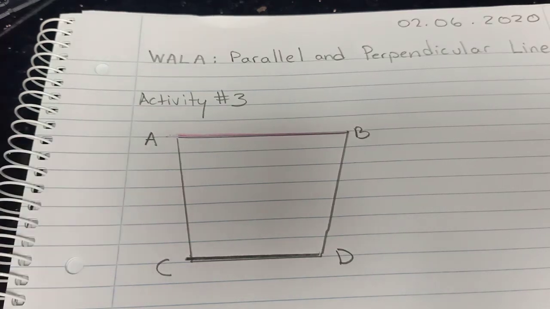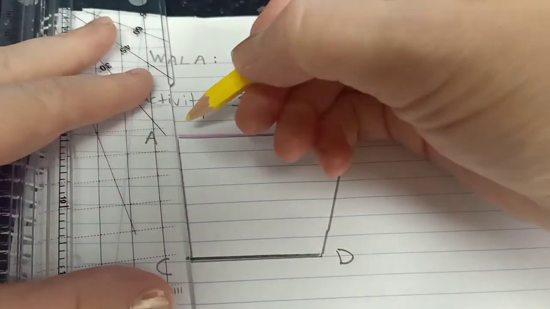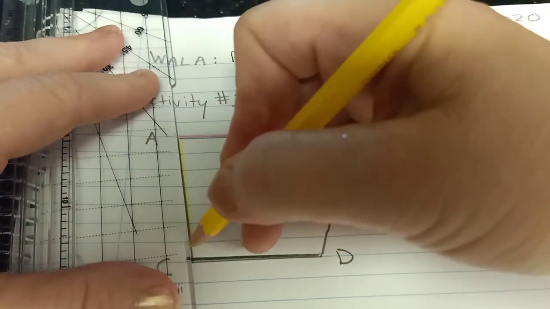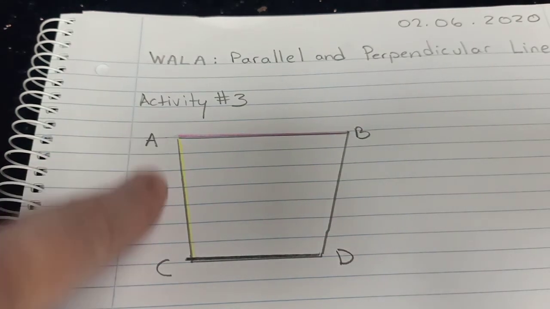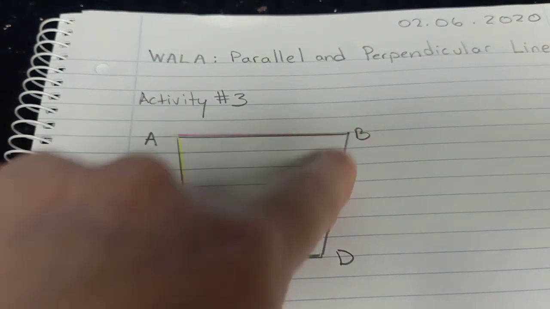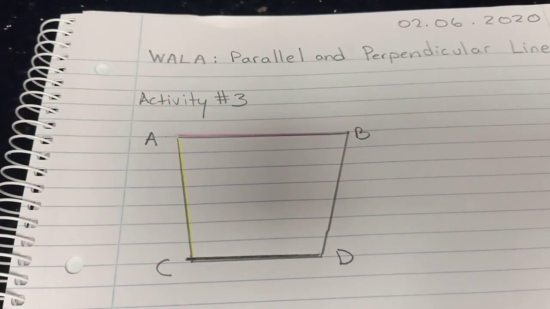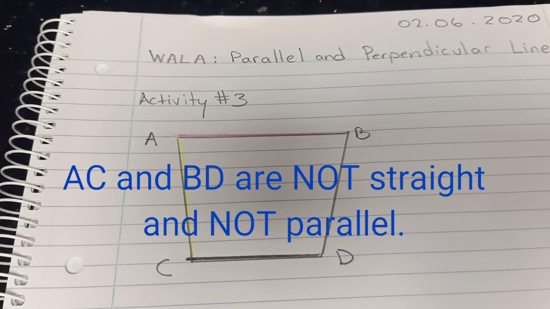Then what about line AC? So here's A, here's C. So this is line AC. And it's asking if it's parallel with BD. And there is BD. So is AC parallel with BD? What do you think?